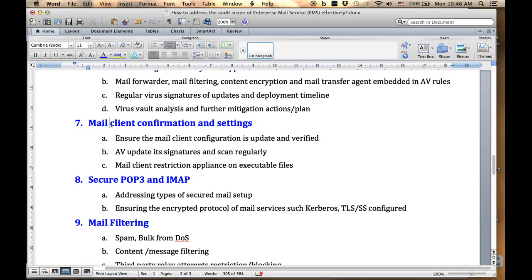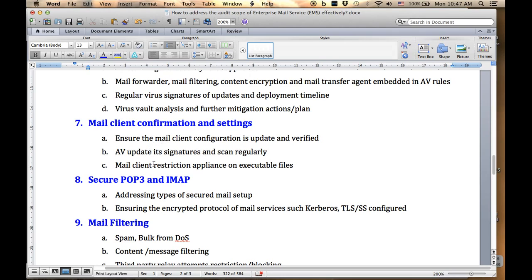So number 7 is mail client configuration and setting. The auditor needs to ensure that the mail client configuration is up to date and verified timely. So the next is AV update, signature and scan regularly.